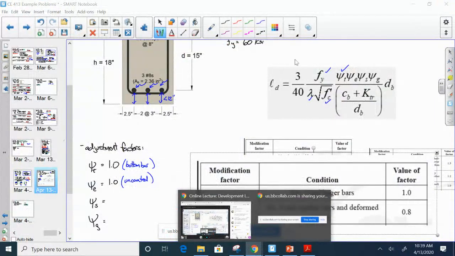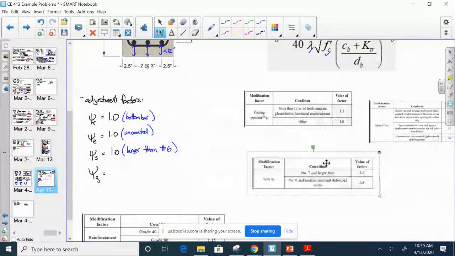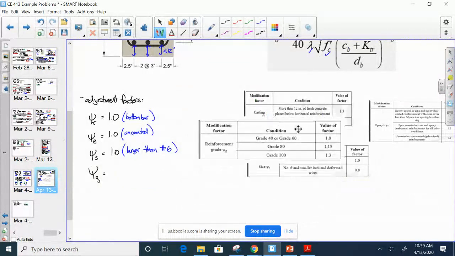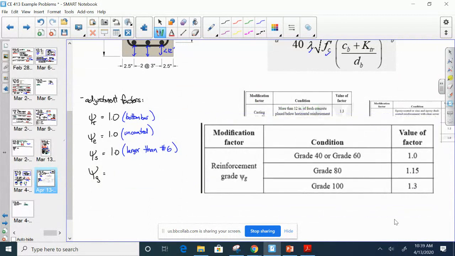So I'll say 1.0 and say larger than number 6, so number 7 or larger. And then finally, the size of G value. So here's the size of G value. What value are we going to use for our problem?